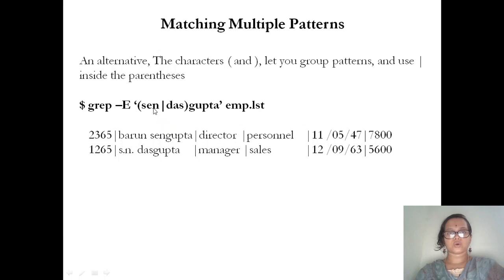Why? Because you have given two patterns. Along with that, you have given Gupta. So it can be Sen Gupta or Das Gupta. The choice can be taken and that will be displayed over here. So this is the output of this command. After executing this command, you will get this type of output.